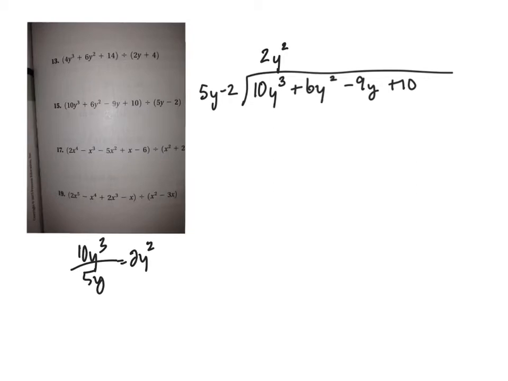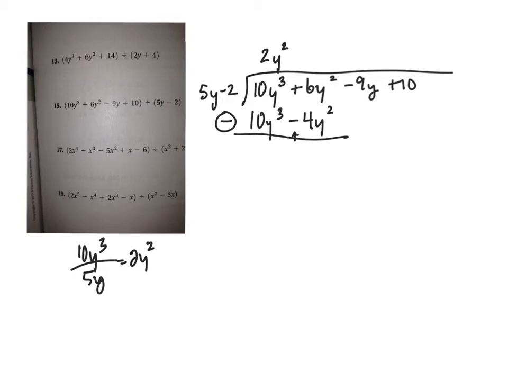Then I'm going to multiply the 2y squared by each of the terms here, and I'll write my answer underneath there. So 2y squared times 5y is 10y cubed, and 2y squared times minus 2 is minus 4y squared. Now I need to subtract these two terms, and be careful when you're subtracting. If you have a negative, like right here, you've got to worry about that double negative.